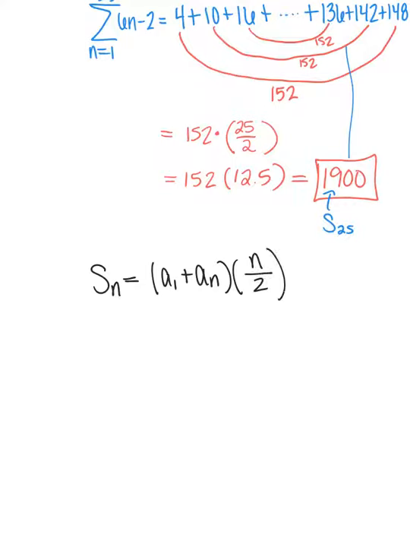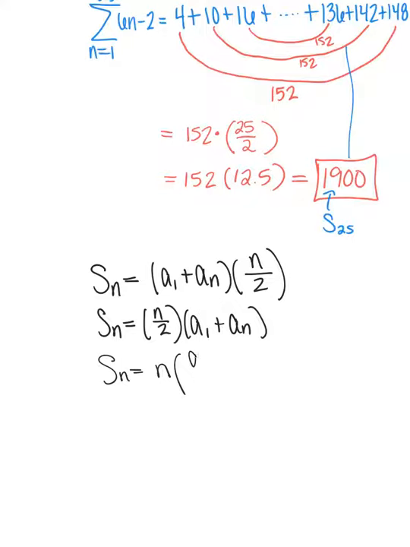And you see this a variety of ways in different textbooks, so don't get confused if maybe they put this n over 2 first. Multiplication is commutative, so you can do that. I also see this notation really popularly where they say the number of terms times a sub 1 plus a sub n, all over 2. I see that notation where they're just distributing that 1/2 to the other term, and that's fine.